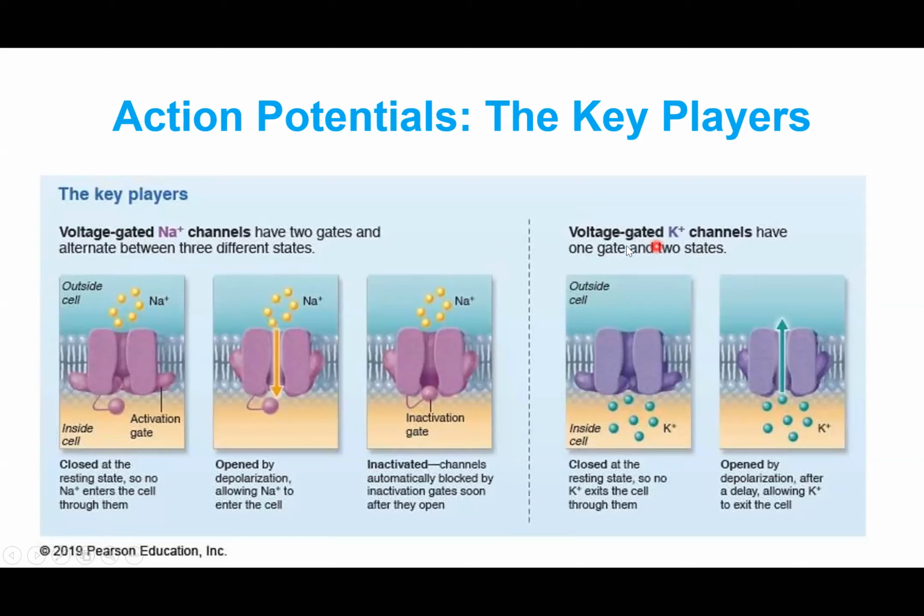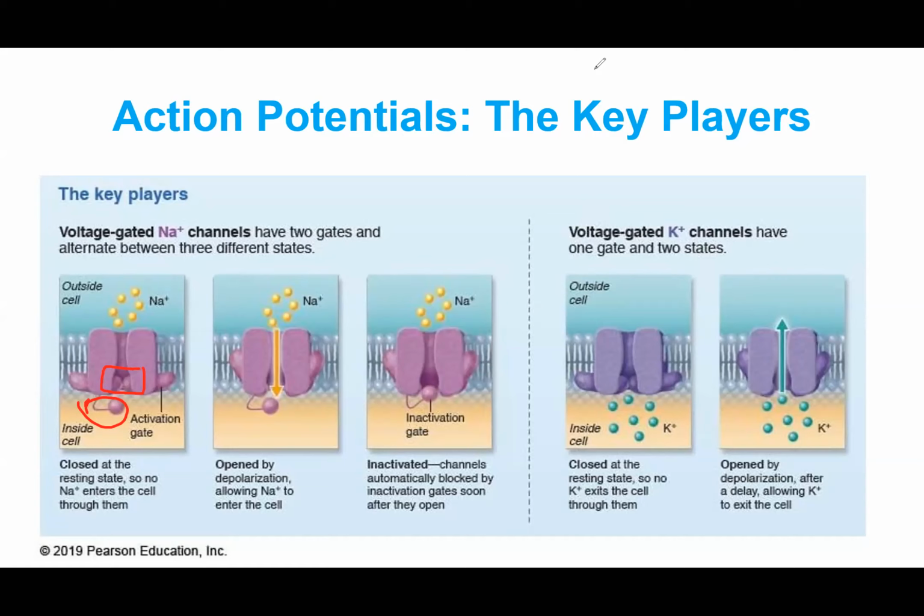So voltage-gated sodium channels, they have 2 gates and they alternate between 3 different states. All right, so what do I mean by that? 2 gates. Here's a gate. There's a gate. All right, we have 2 gates.